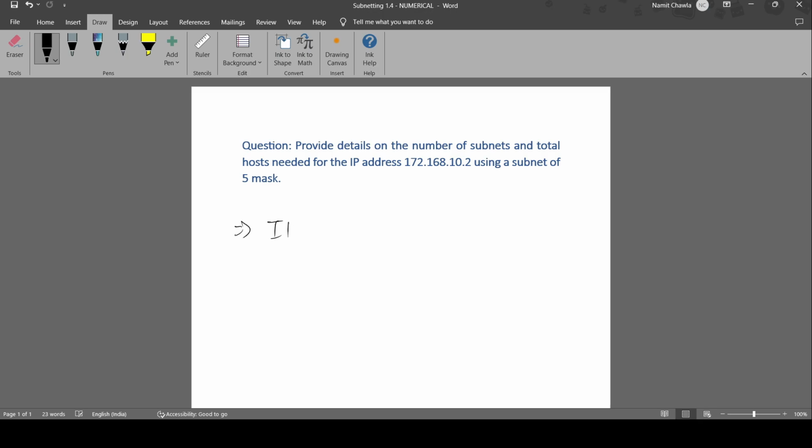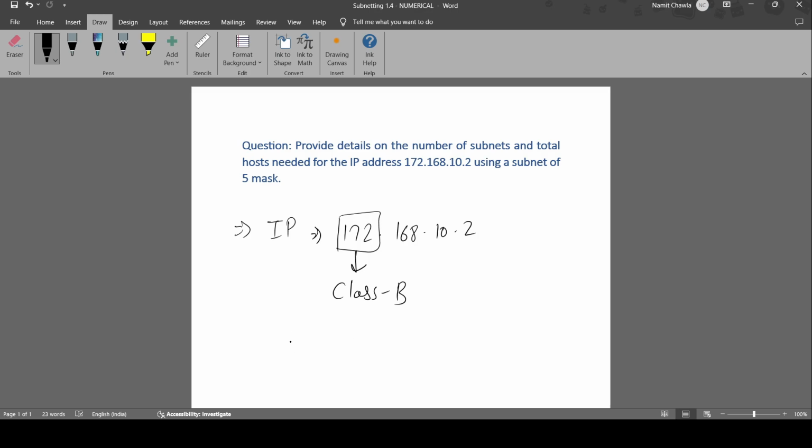So my IP address is 172.168.10.2. I can clearly observe that this is class B. In class B, the first 16 bits are reserved for network and the next 16 bits are reserved for host.